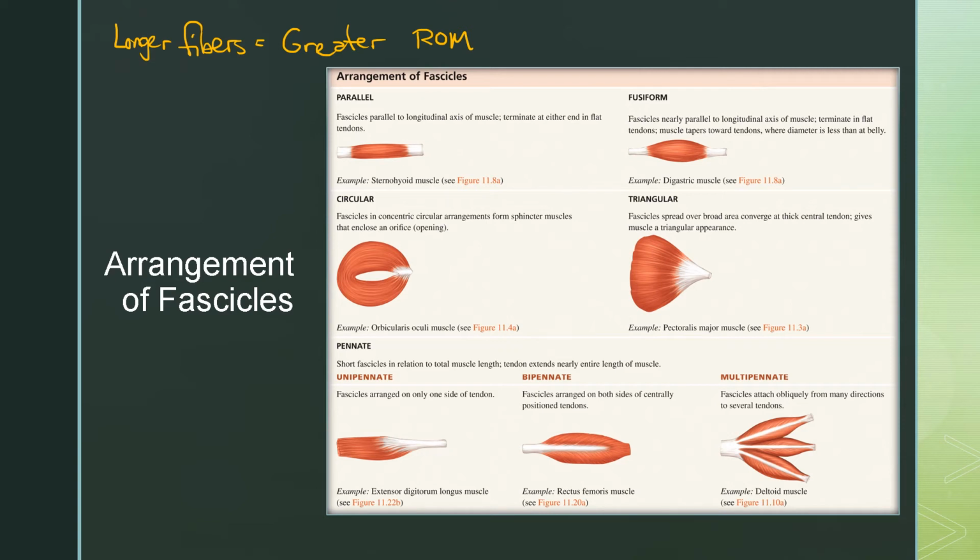And this is because a shorter fiber can contract as forcefully as a long one. So the more fibers per unit of cross-sectional area that a muscle has, the more power it can produce. So greater cross-section equals more power.